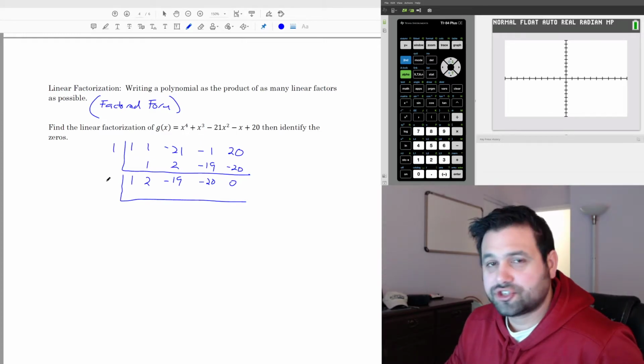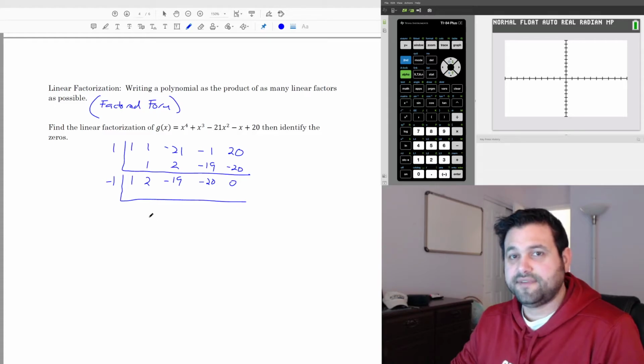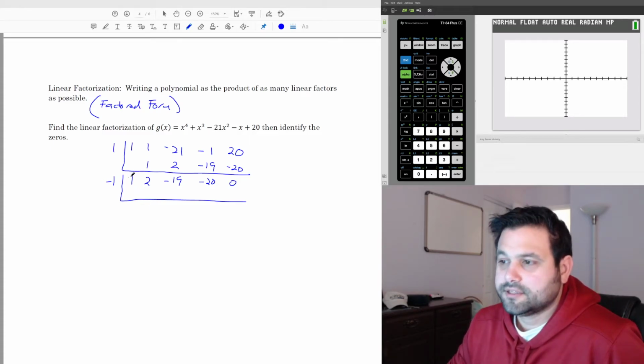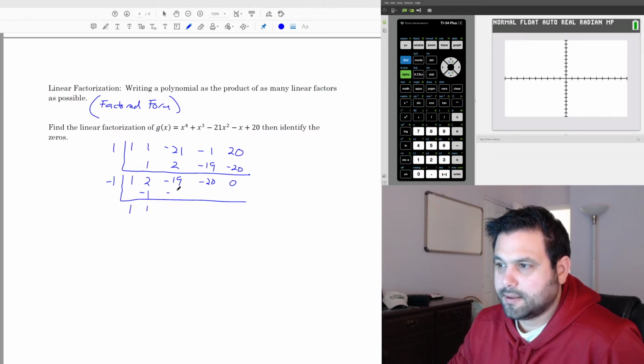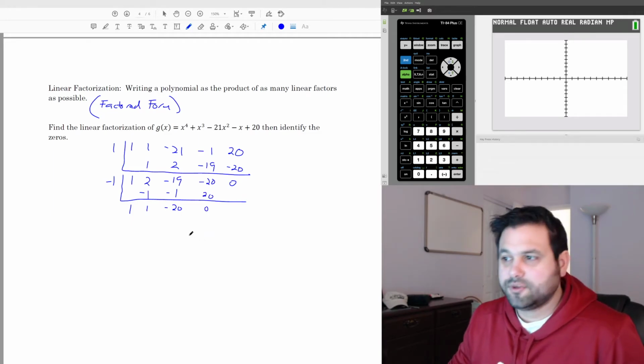So I'll try negative 1, and remember, if I get a remainder of 0, then it worked. It's a correct factor. It's a correct zero. So let's go ahead and do this. So 1, multiply, add, multiply, add, multiply, and add. There we go. We got that to work.